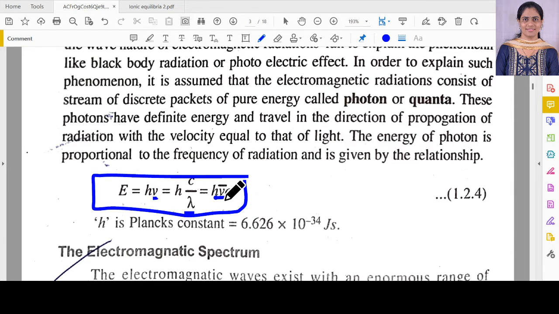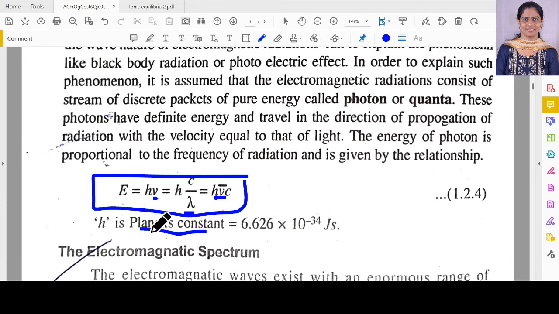Nu is frequency, nu bar is wave number, and lambda is wavelength. Energy is directly proportional to frequency and directly proportional to wave number. Energy is inversely proportional to wavelength. And this proportionality constant is called Planck's constant.